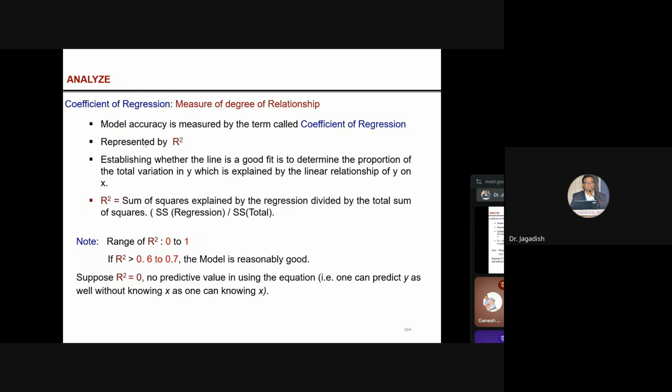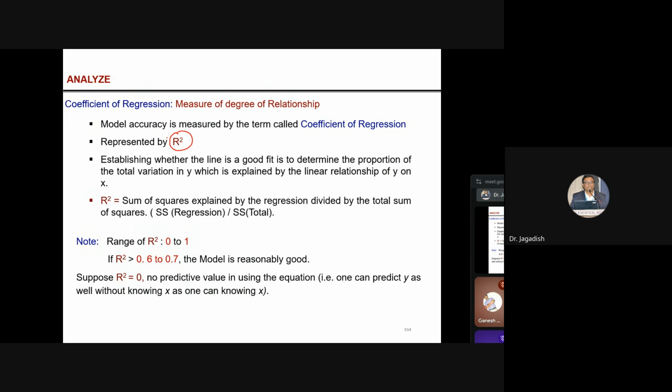R square is the measure we use in linear regression to know whether my model is accurate or not, and if it is accurate, how accurate it is.